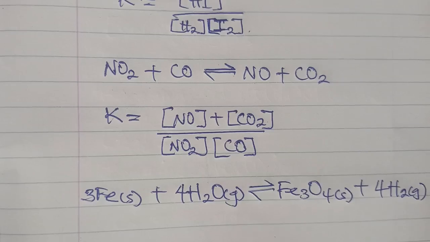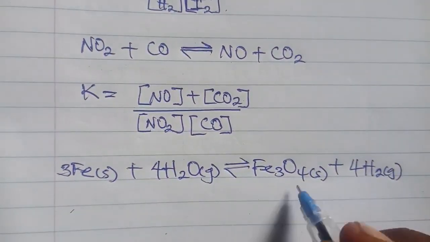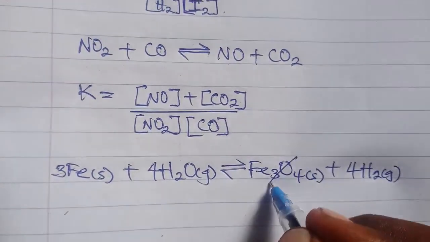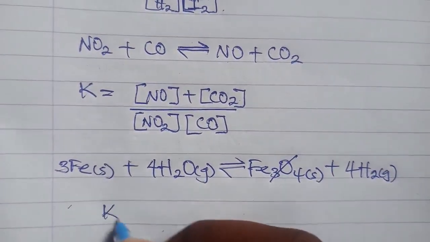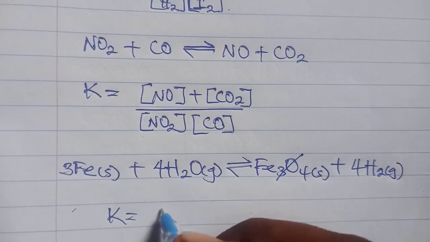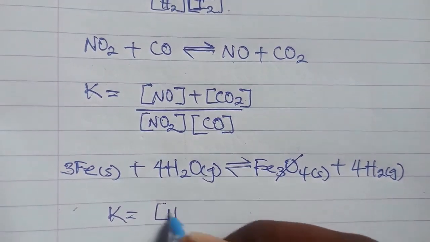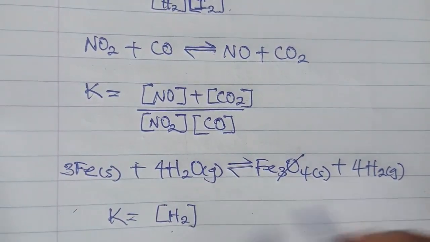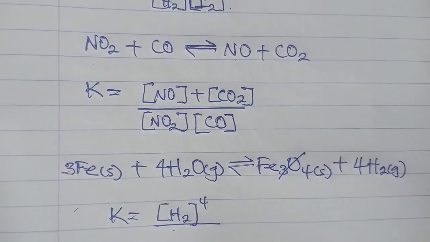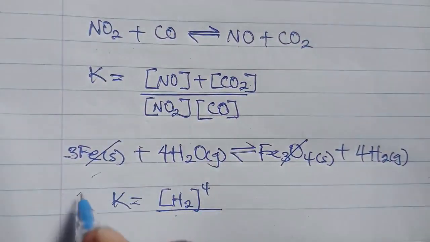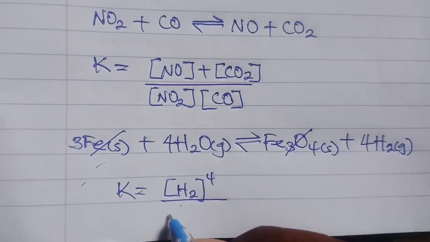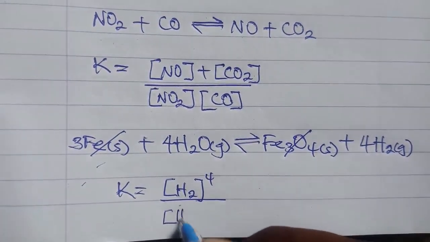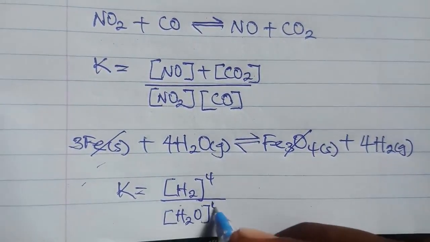If we are to write it now, we start with the product. We don't write the solid. So K will be equal to, we'll pick only this, the concentration of hydrogen raised to the power 4, over, here we don't write the solid, we'll write only this, the concentration of water raised to the power 4.